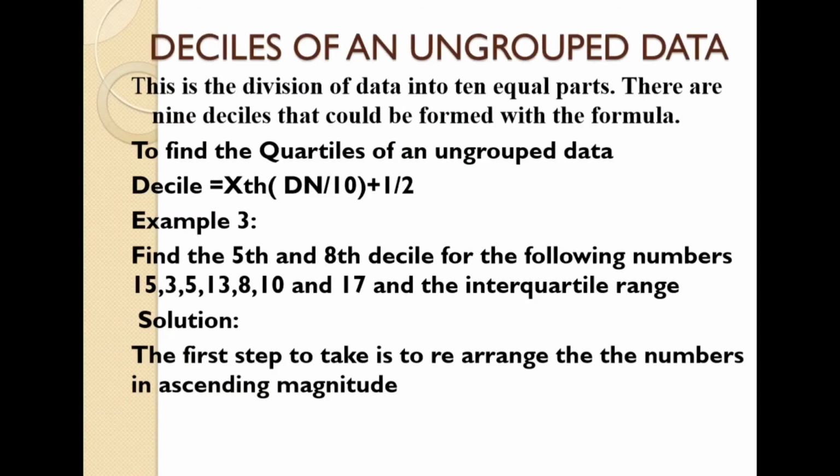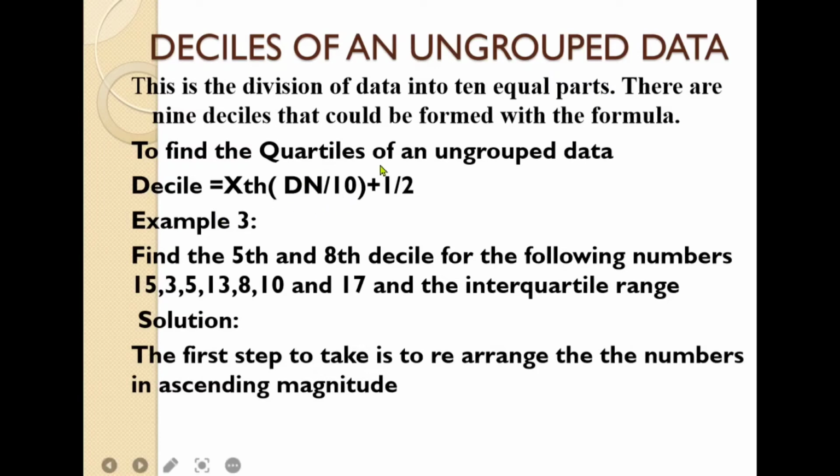We move on to deciles. Deciles divide a data set into 10 equal parts. So there are 9 deciles that could be formed using various formulas. We are going to first solve for the deciles of an ungrouped data. Just as we saw for the quartiles of an ungrouped data, the deciles for an ungrouped data is simply given as Dn over 10.